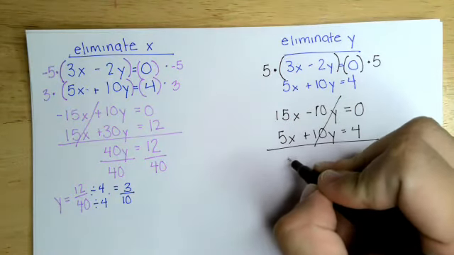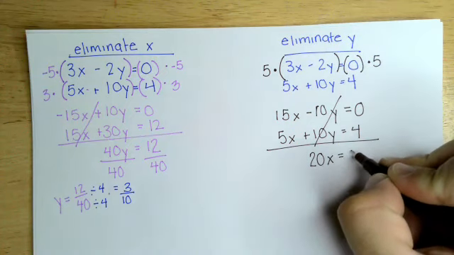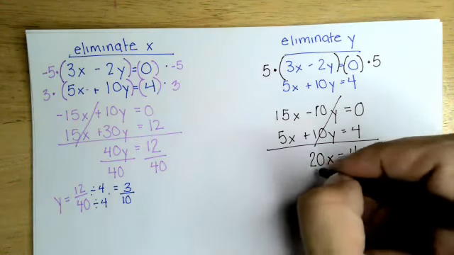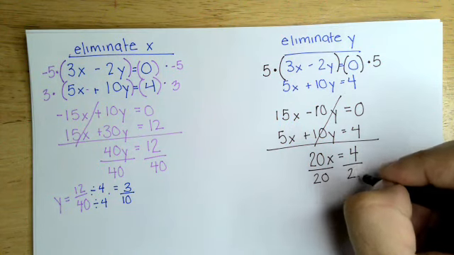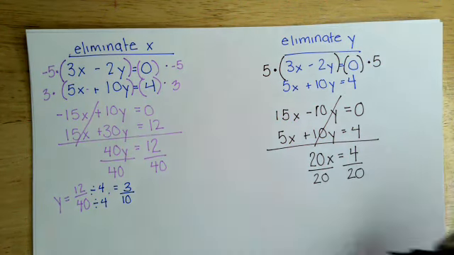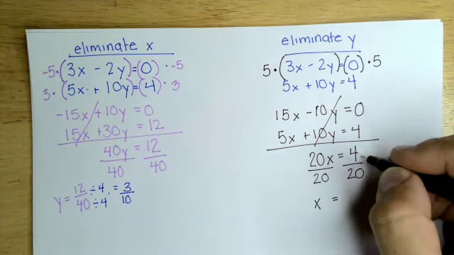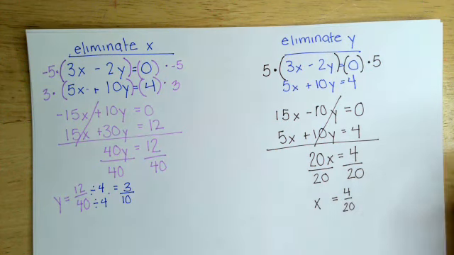15x plus 5x is 20x equals 4. Okay, now I'm going to divide by 20 on both sides. 20 divided by 20 is just x. 4 divided by 20, again, we can reduce that.